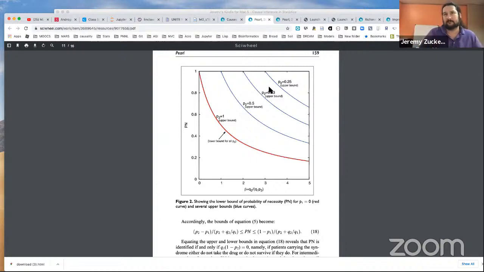That makes sense, right? If you're not measuring Z, you have to integrate it out in your model. Yeah, and that's going to make the result of your query less sharp.